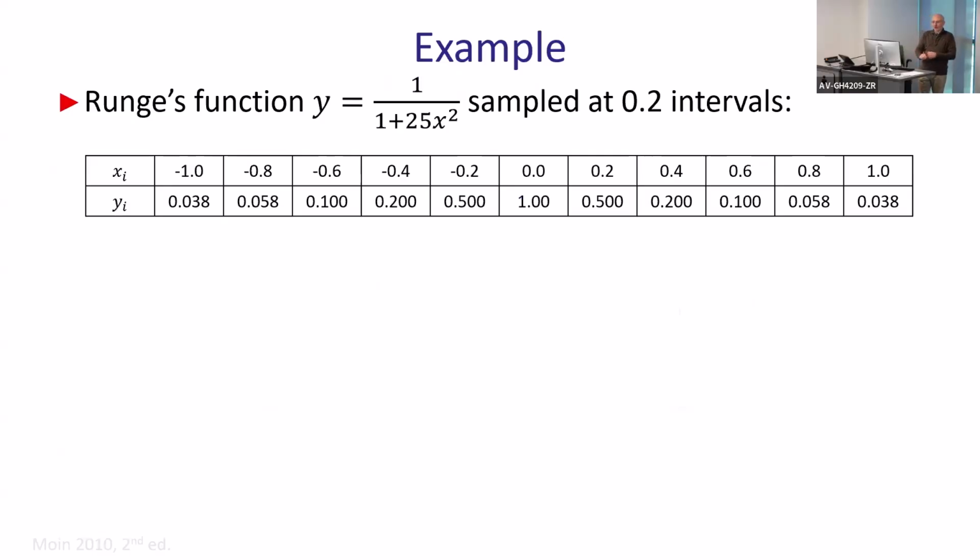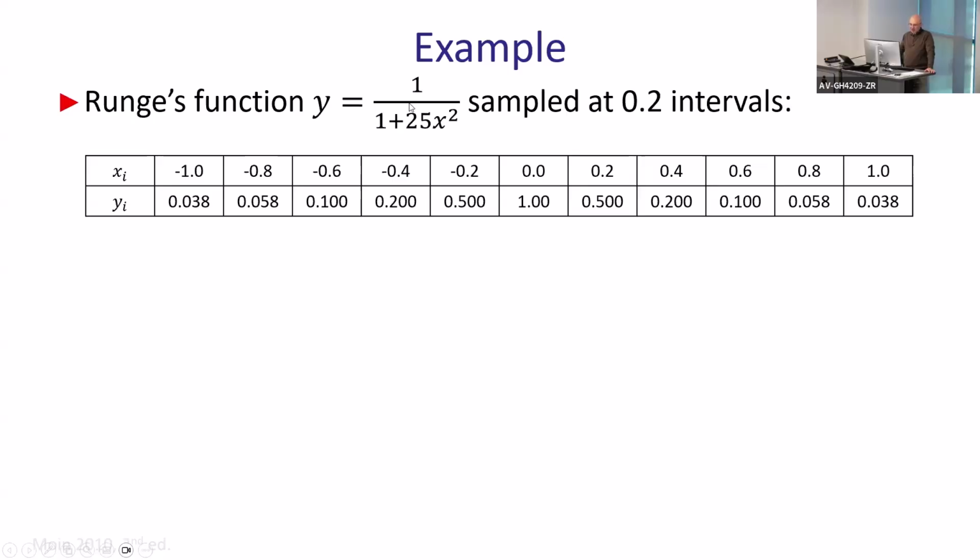Okay, an example of how you apply that. Let's say you have a model function, 1 divided by 1 plus 25x squared. If you want to imagine how it looks, it's almost like a Gaussian, a bell-like shape, a bell curve. Not exactly, but close enough. It is sampled at particular intervals, every 0.2, from -1 to +1, and you have all of the sampled points.